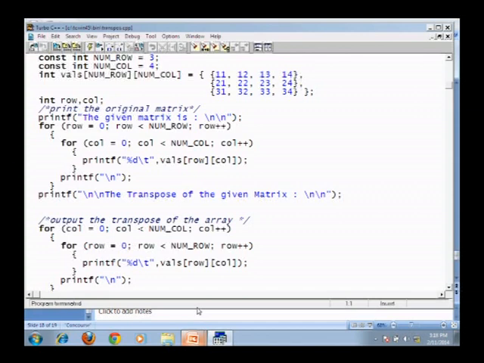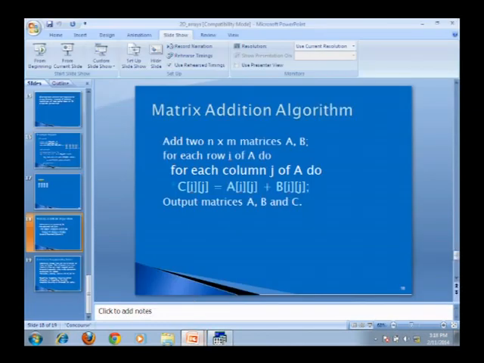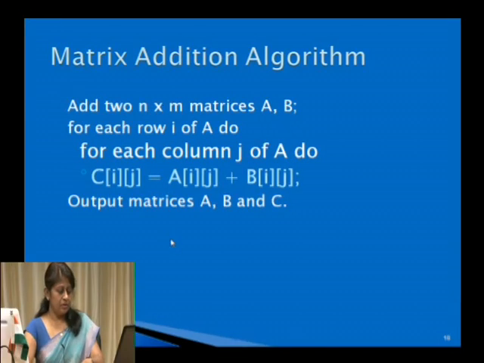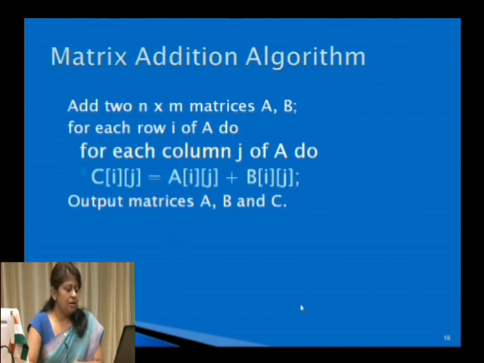And what we need to do in case we need to find the sum of two matrices, or addition of two matrices. So, in case of addition, the algorithm would be such as this.